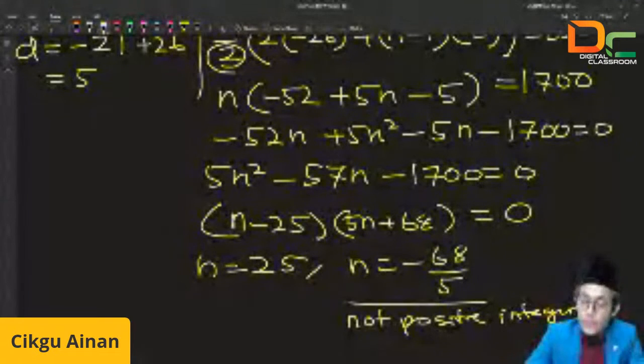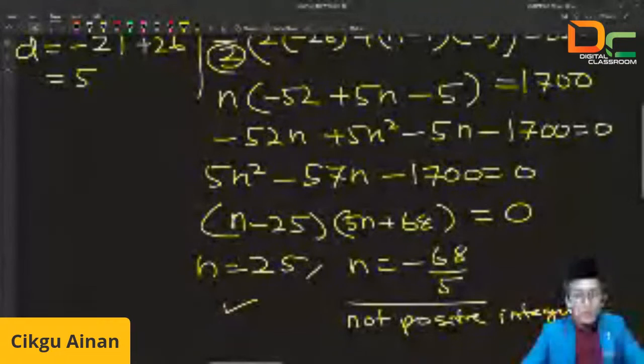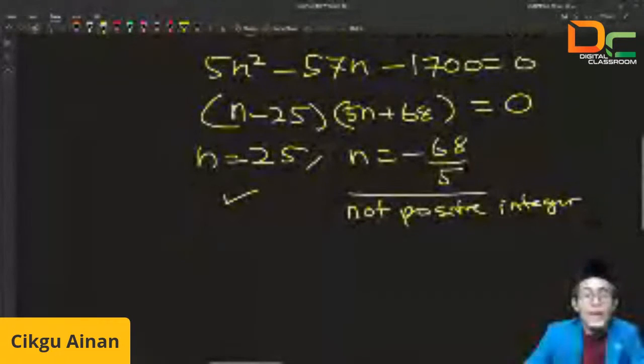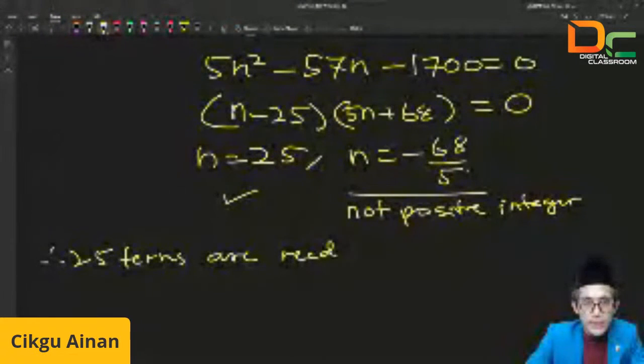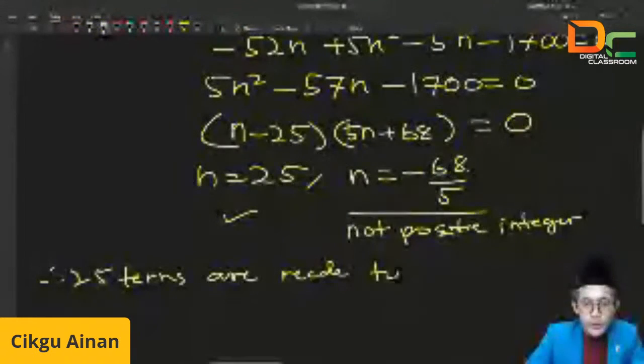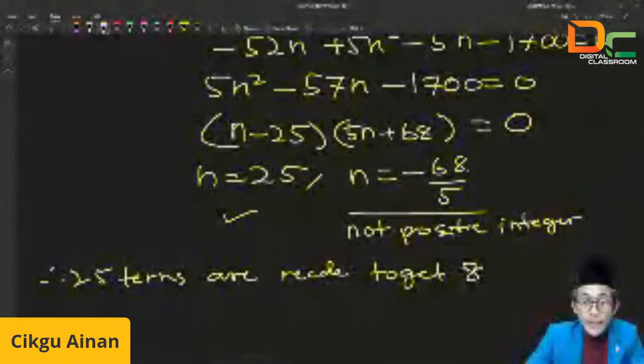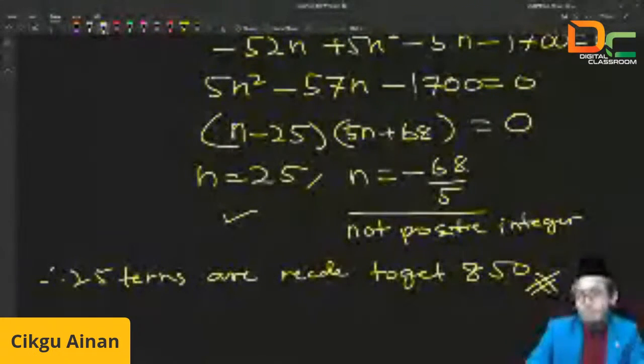This one is a positive integer, so we can accept it. Therefore 25 terms are needed to get 850.